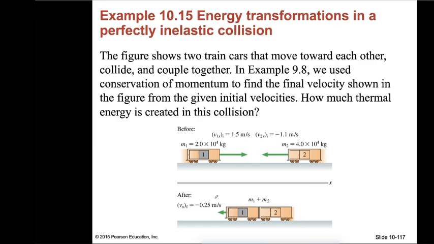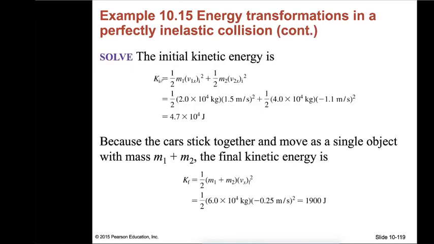So we can calculate the final speed if we know all the initial speeds using the conservation of momentum, which we have learned in the previous slides. Then you will calculate the v final is this number. And let's calculate the initial kinetic energy and the final kinetic energy. Initial kinetic energy could be calculated by 1/2 m1 v1 squared plus 1/2 m2 v2 squared, which is this number.